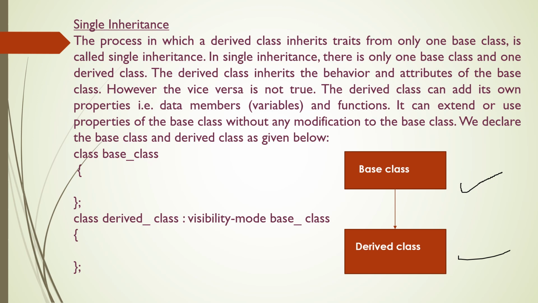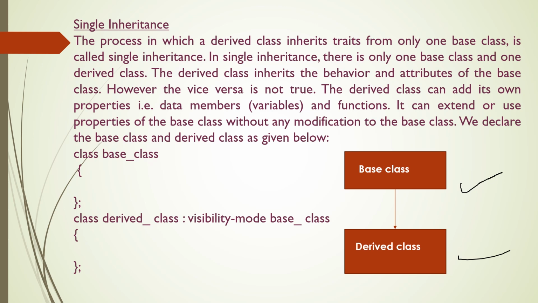This concept is known as single inheritance. In the previous video, the program which we did had one base class and one derived class. That was following the concept of single inheritance.